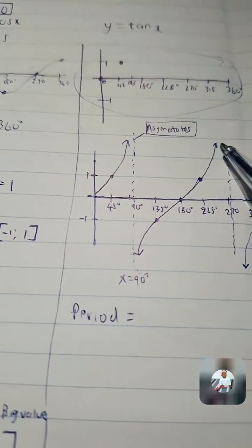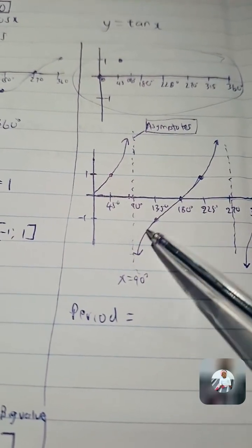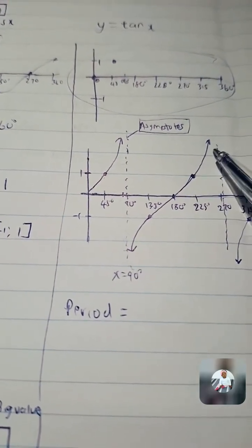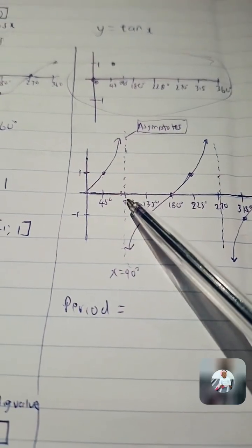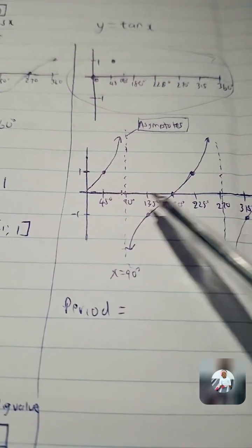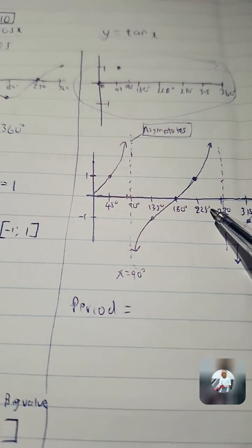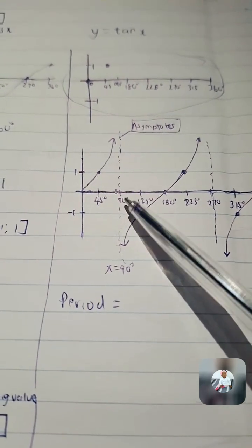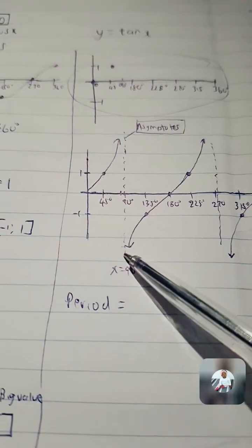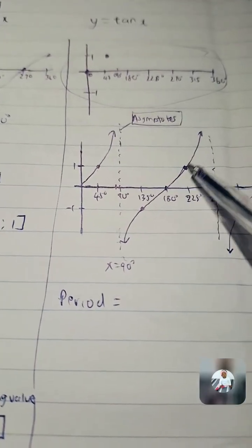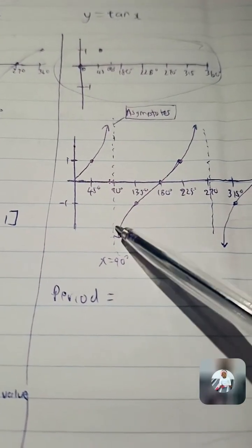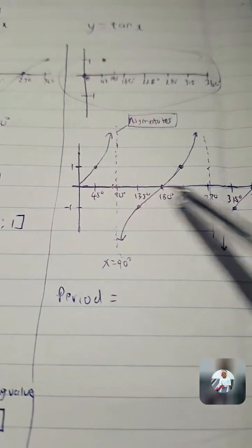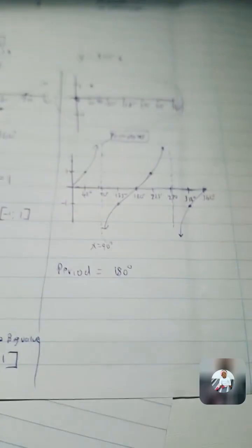One full cycle. If you measure how many degrees it is from 90 to 270, where we have a representation of the full cycle of the graph, what's 270 minus 90? I'm sure you can see it is 180 degrees.